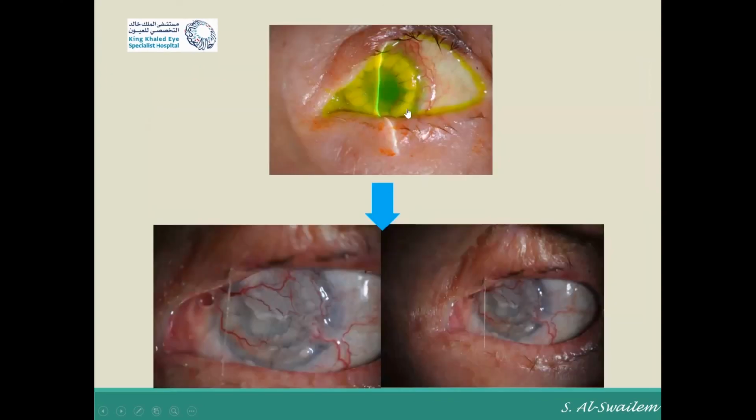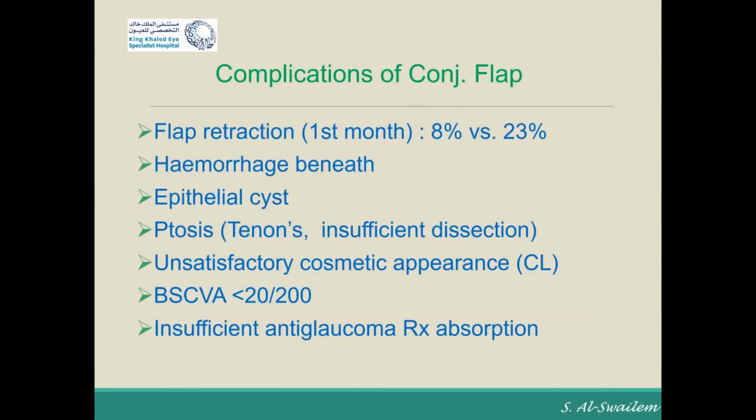So for instance, here a patient who has chronic neurotrophic keratopathy, underwent multiple BKs and with recurrent erosion of the graft, and then finally we decided we're going to do the bipedicle. So you can see here the appearance of the patient after the bipedicle conj transplantation, and the surface became very stable after that.